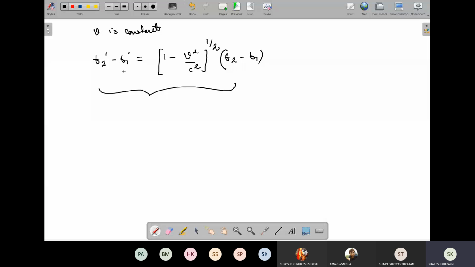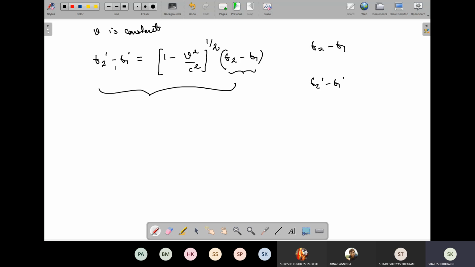This is nothing but your moving clocks as observed from the rest frame lagging behind. So t2 minus t1 is the time interval between the events as observed from the rest frame, and t2 prime minus t1 prime is the time interval in the moving frame.